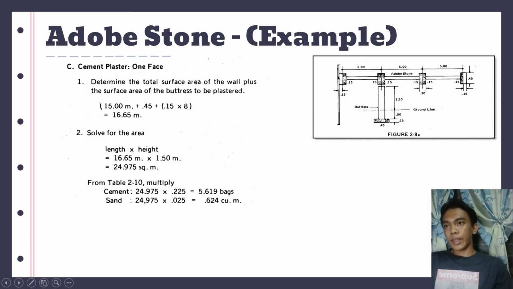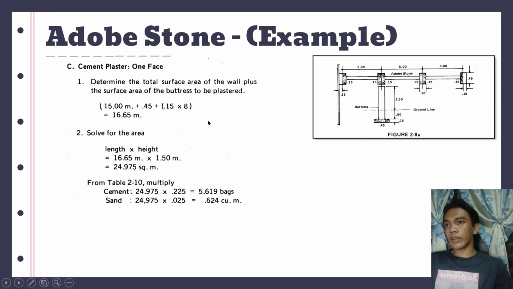Then plus 0.45 for this surface area, then plus 0.15 times 8 because we have 8 faces. Calculating, we have 16.65 meters of length to be plastered.